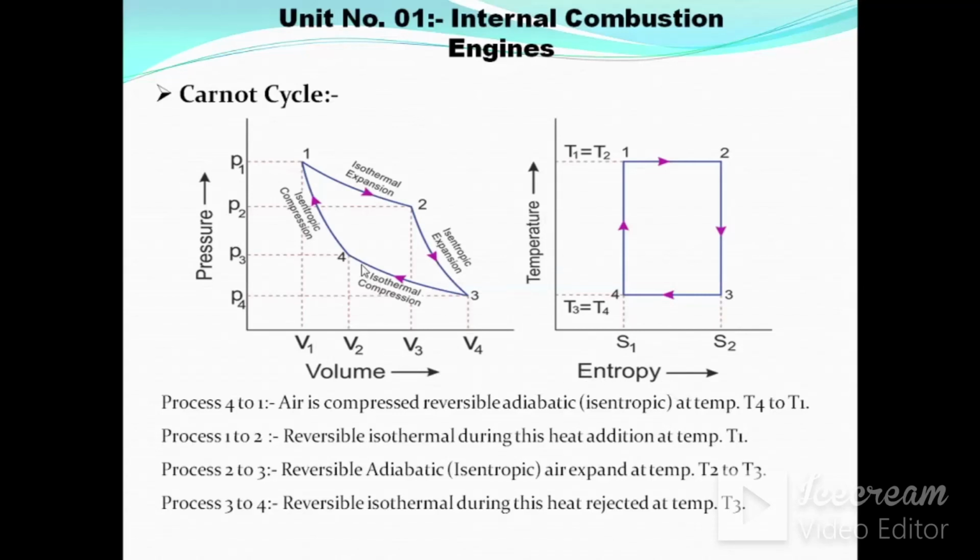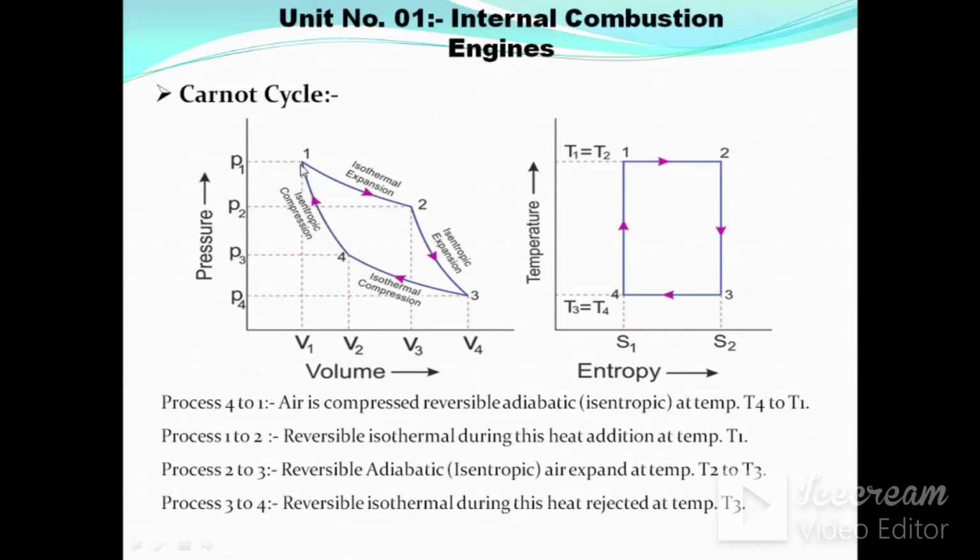The first curve, 4 to 1, indicates air is compressed reversible adiabatically, meaning an isentropic process, from temperature T4 to T1.